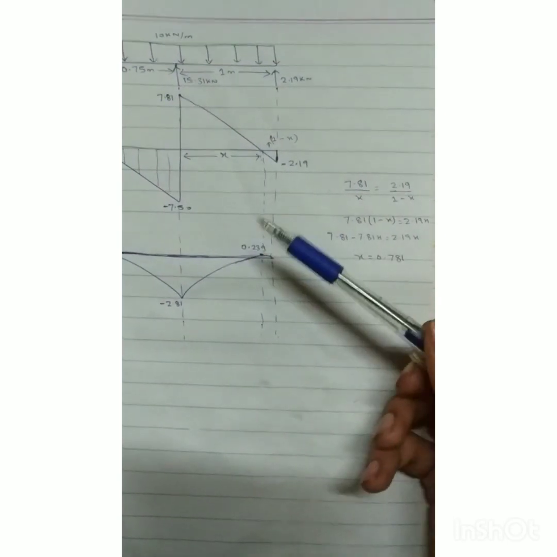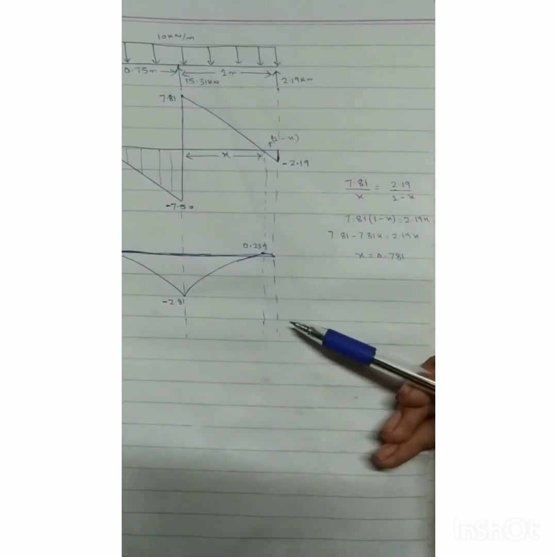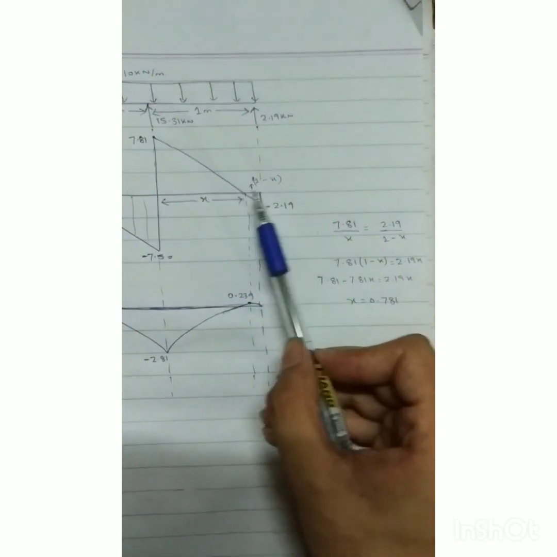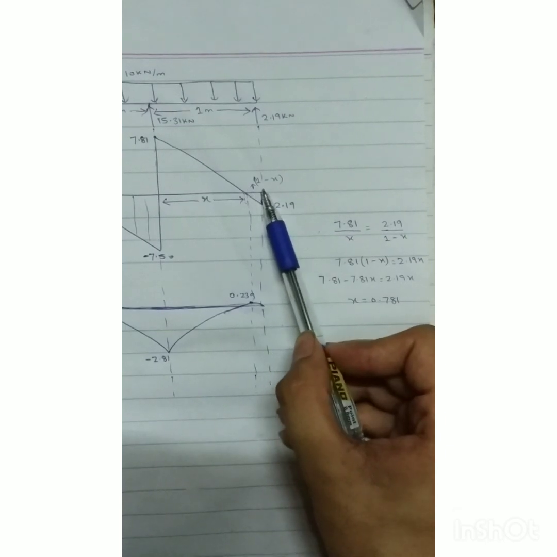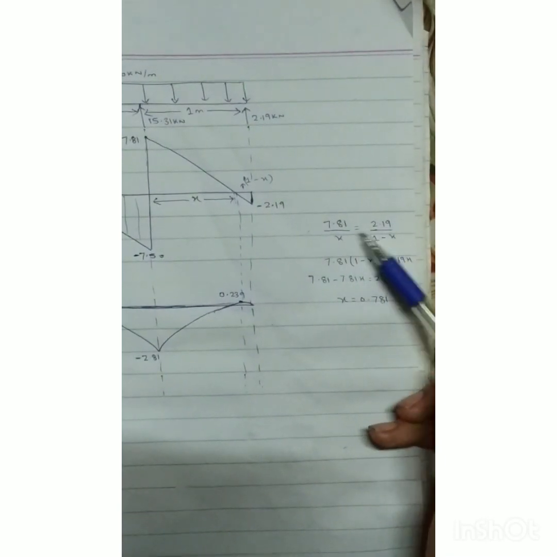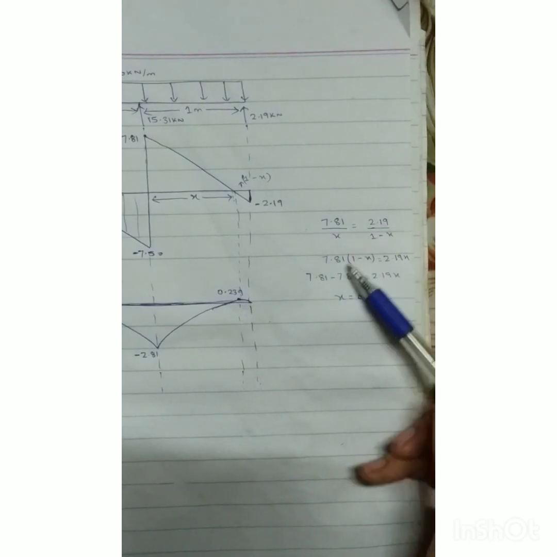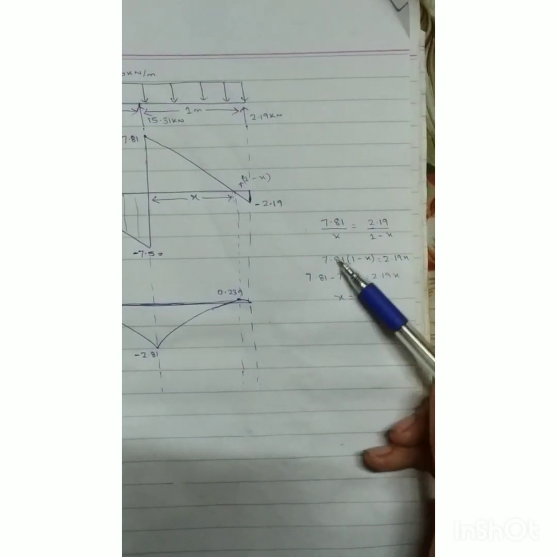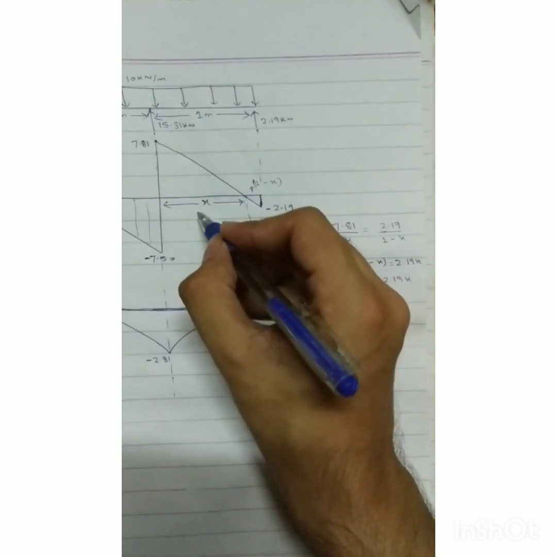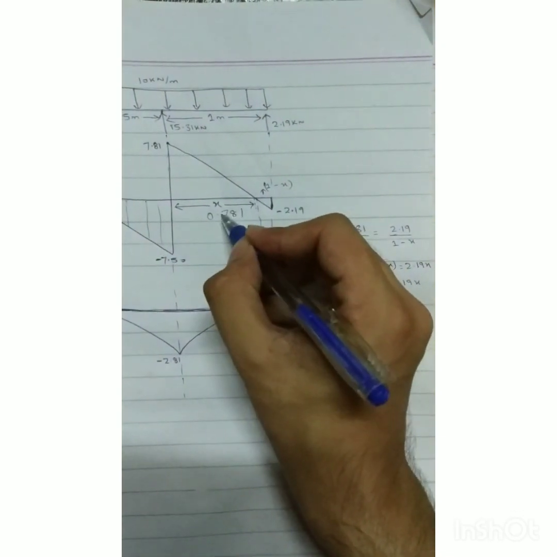Tan theta in both triangles will be the same. By equalizing these two, we can form an equation, and from this we can calculate the value of x, which is 0.781, which means this distance is 0.781.